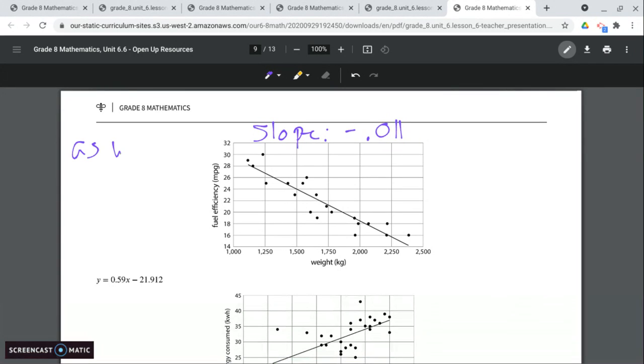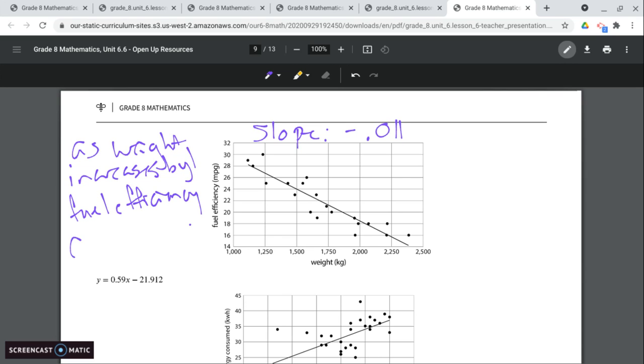So as weight increases by 1, fuel efficiency decreases by 0.011 miles per gallon.